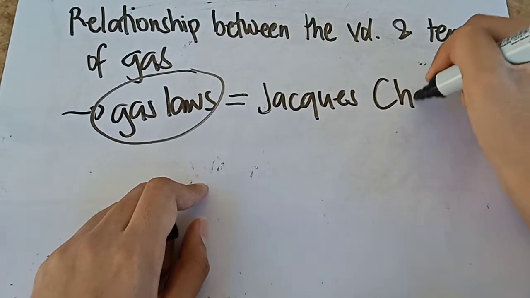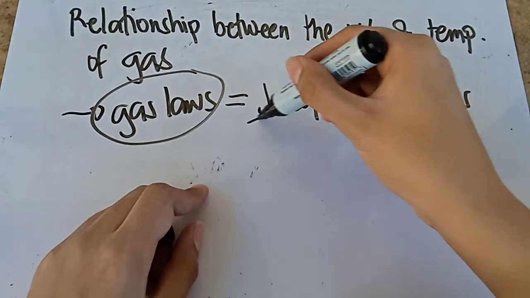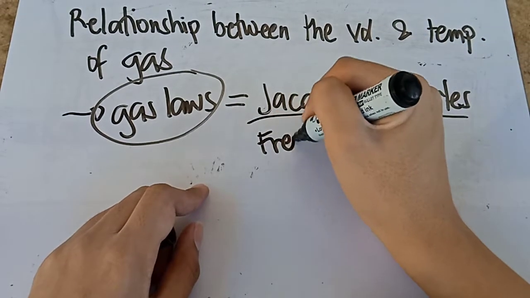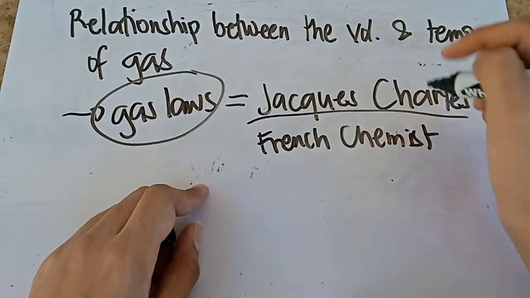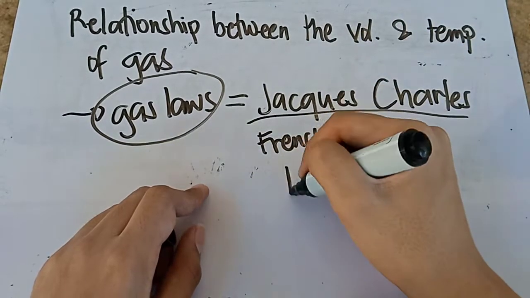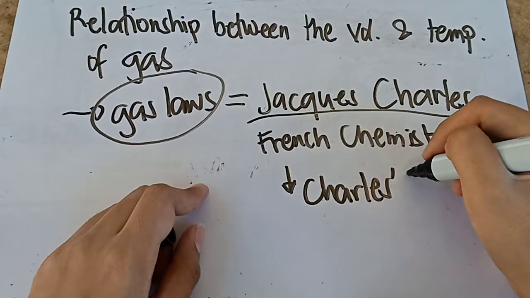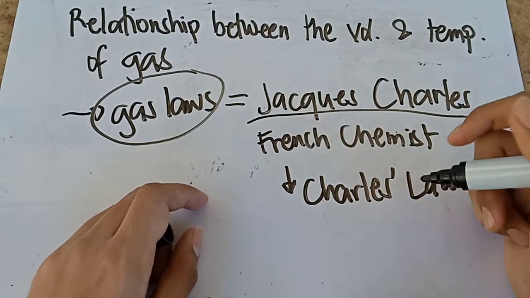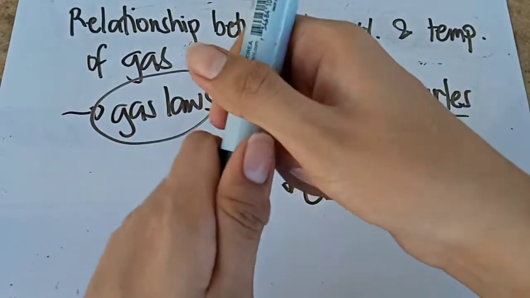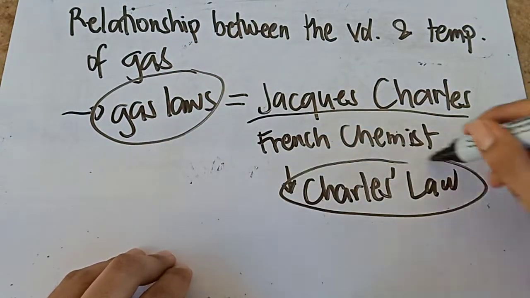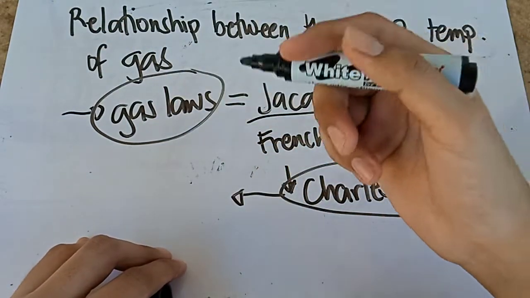Jacques Charles is a French chemist who formulated the gas law known as Charles Law. Now, what is the main principle of Charles Law?